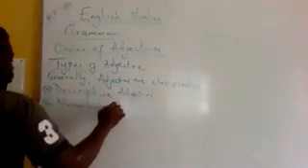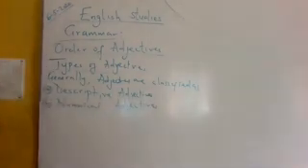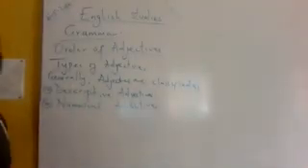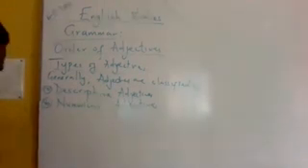So what we are saying is that the general classification of adjectives is that either it is a descriptive adjective or what? Or a numerical adjective. Now when we're talking about descriptive adjectives, grammatically they are known as what?